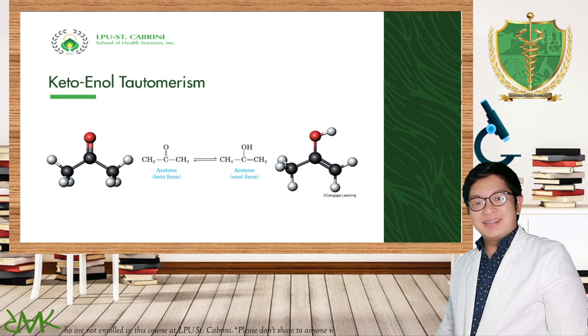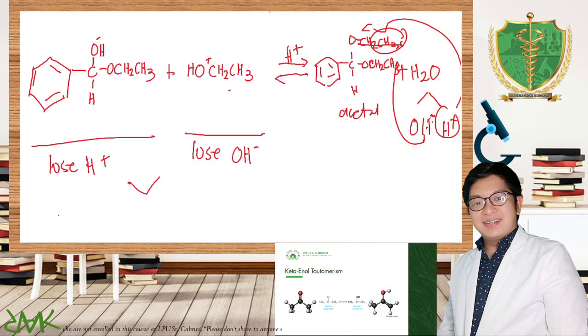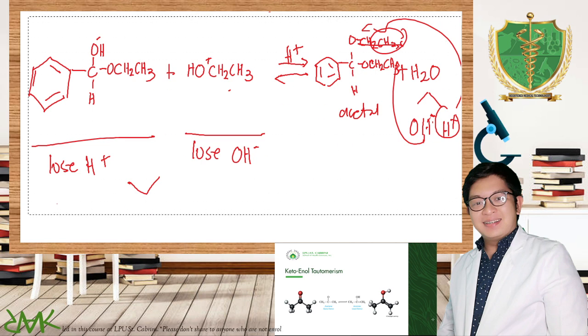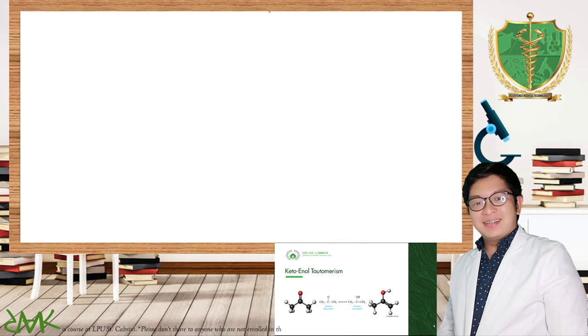For example, we have acetone, which is in the ketone form. When this oxygen loses the carbon double bond, hydrogen attaches to it, and the carbon will have a double bond with this one. So let's write it. This is how it looks.